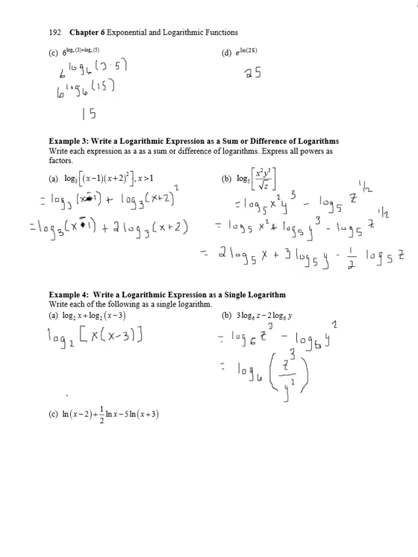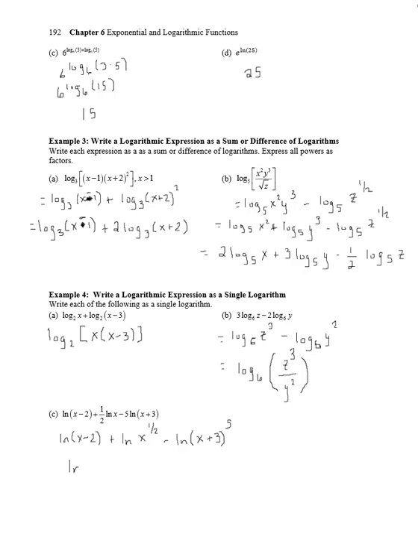Okay, and this last one, it looks like we have product and quotient because we have one sum and one difference. So we have the natural log of x minus 2 plus the natural log of x to the 1/2 minus the natural log of x plus 3 to the 5th. Okay, we turn this first part, since it's a sum, into a product.